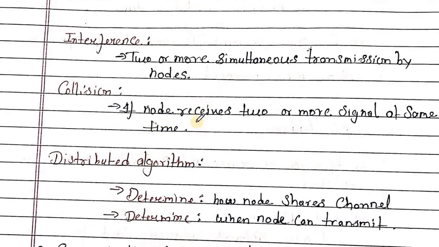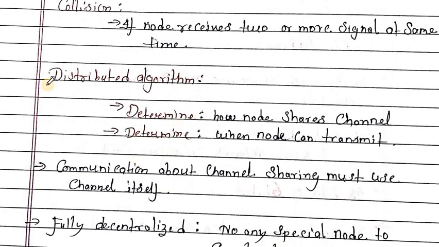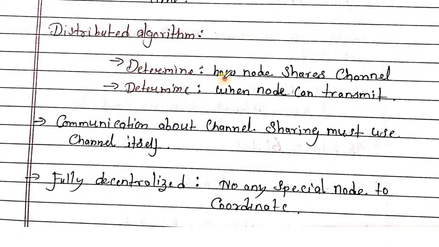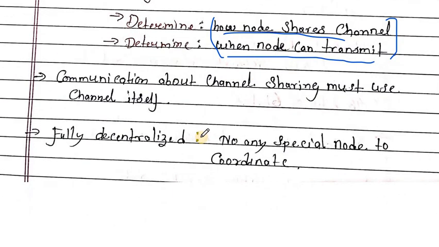So what happens? There is a collision. A distribution algorithm determines how nodes share the channel and when a node can transmit. These are the two things we have to determine: how nodes share a single channel, and when nodes can transmit.